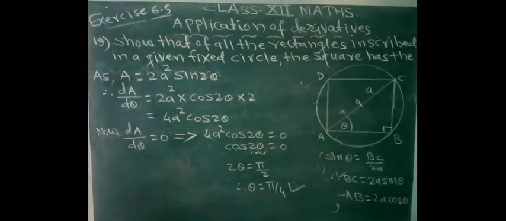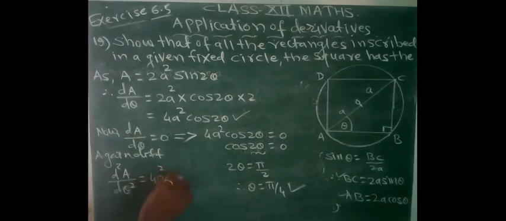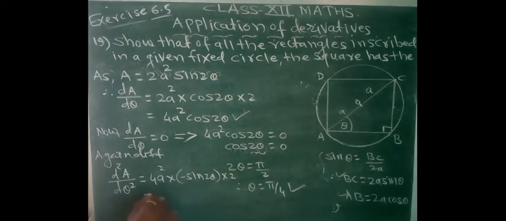So we will go for the second derivative test. Again differentiating, d square A by d theta square equals 4a square into derivative of cos 2 theta is minus sin 2 theta into 2. So that is minus 8a square sin 2 theta.